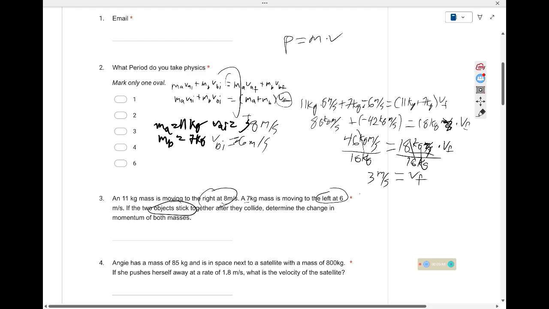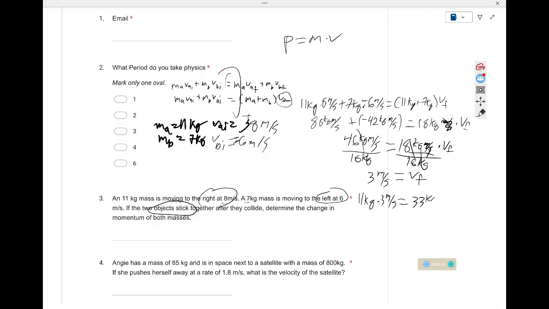So that means that our large ball, or mass, the 11 kilogram mass, now has 33 kilogram meters per second. We know that the change in momentum equals final momentum minus initial momentum.